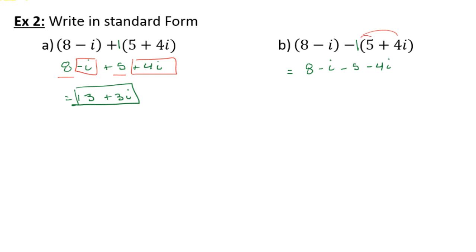Again, if we were to combine our like terms, this is our i value and this is our negative 4i. When we combine our i values, we're going to get negative 5i, and 8 minus 5 just gives me positive 3. This is not written in standard form, which means I have to rewrite one more time as positive 3 minus 5i, and that becomes our solution.